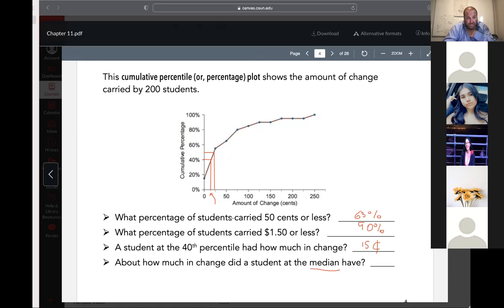It seems very close to 25 cents. We agree? About 25 cents. So these cumulative graphs can really allow us to calculate percentiles when we don't have any additional data.